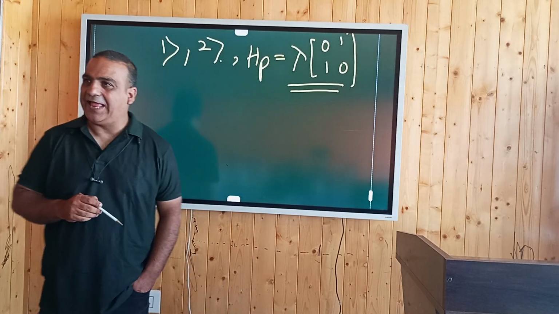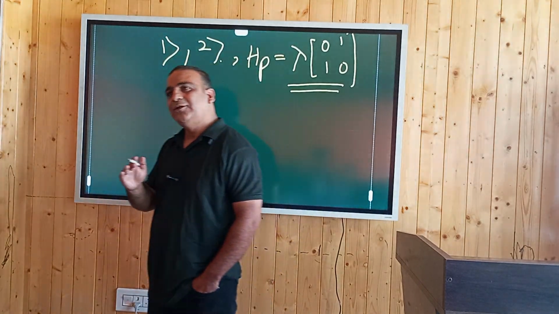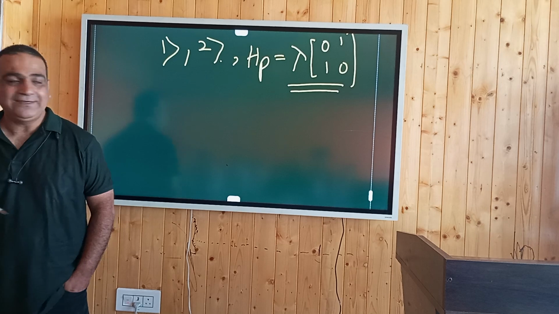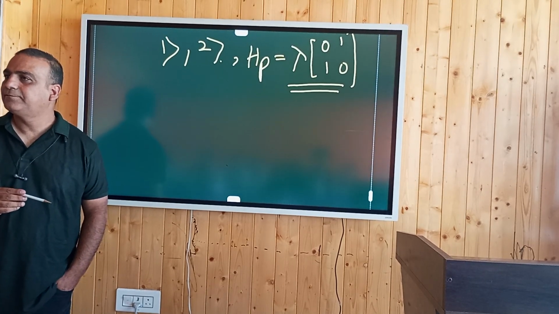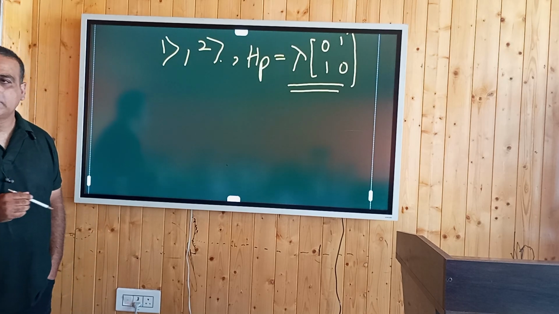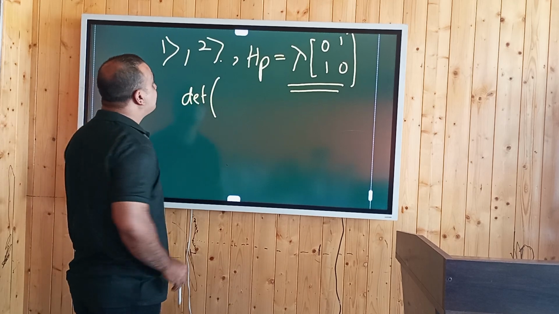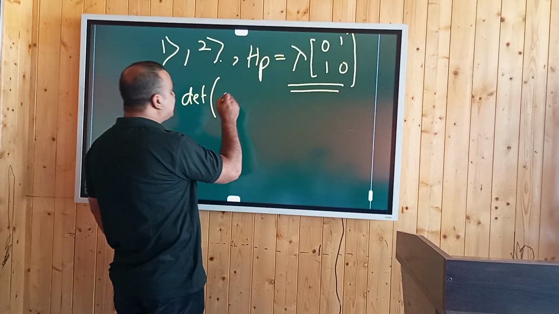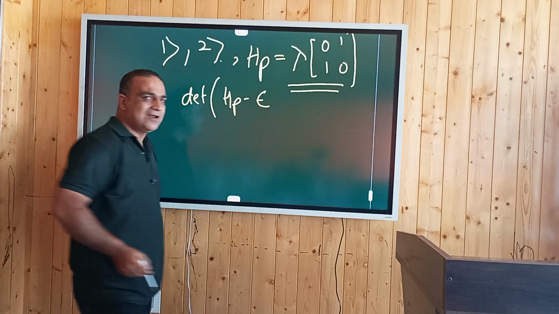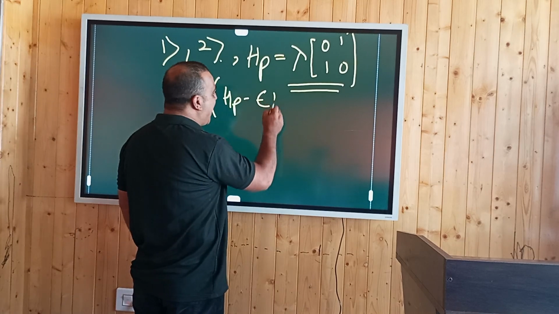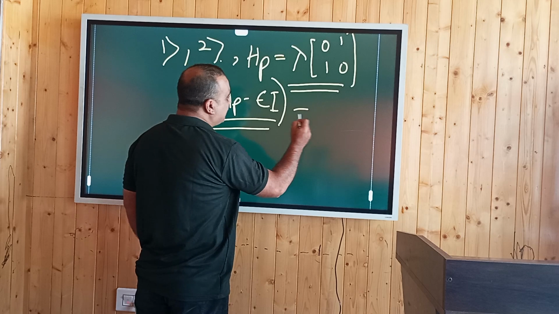Now, how will we solve that? We know from yesterday's lecture that you have to diagonalize your system. What's the best way? You remember that the determinant of HP minus epsilon I, where epsilon is the energy and I is the identity matrix, should be equal to 0.